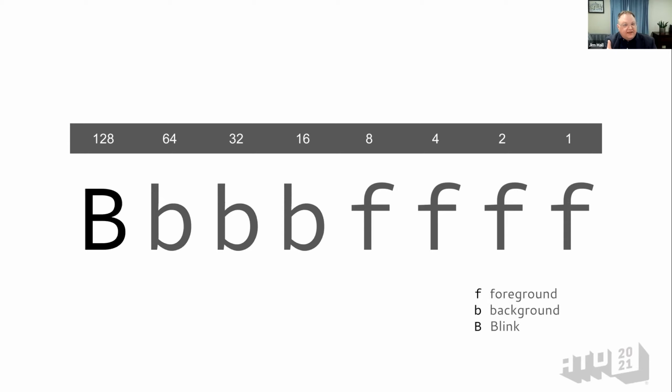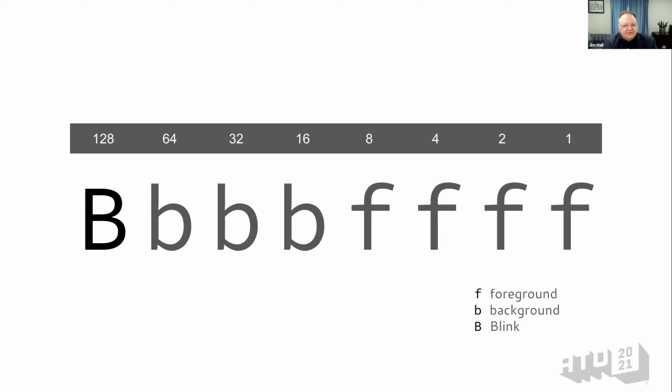And that, by the way, is why on certain systems back in the 90s, you had a program that might be able to tweak your VGA card to turn background colors into bright background colors. And it was doing that by repurposing that blink bit. And so if you did that, your text probably wouldn't blink.